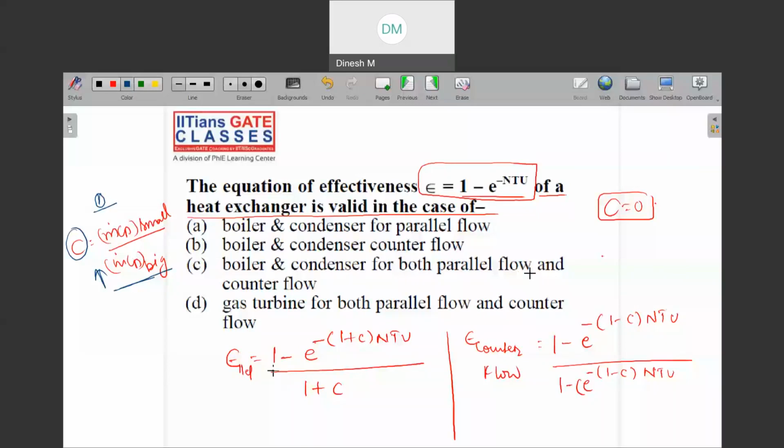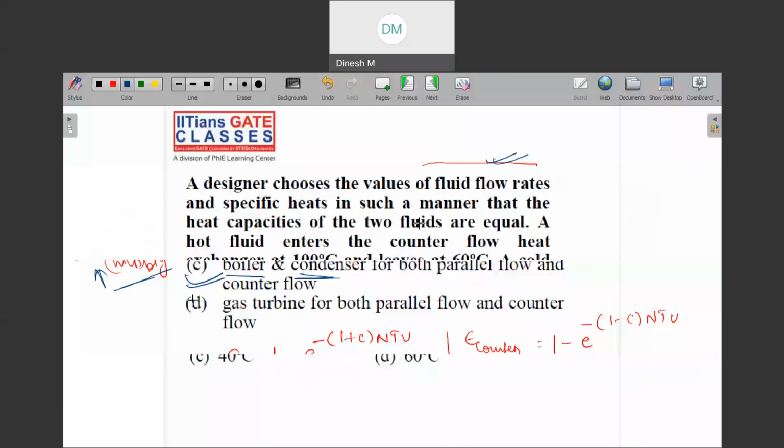It says that the designer chooses flow rates and specific heats in such a manner that the heat capacities of the two fluids are equal. So it has already mentioned that heat capacities are equal.